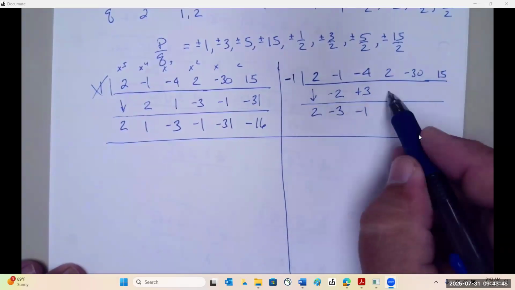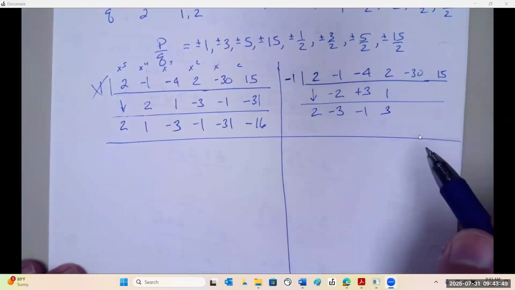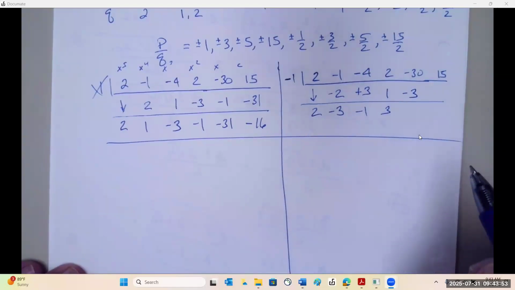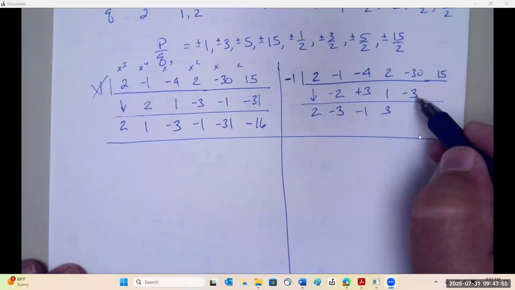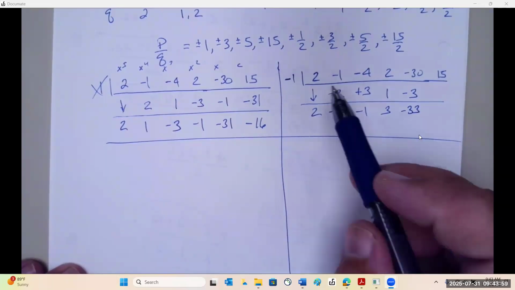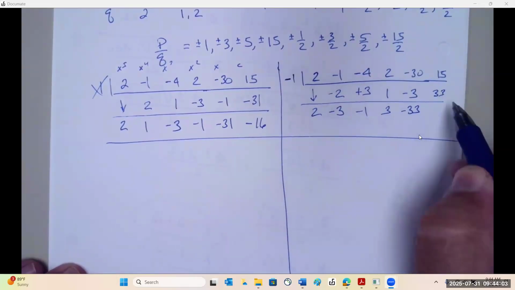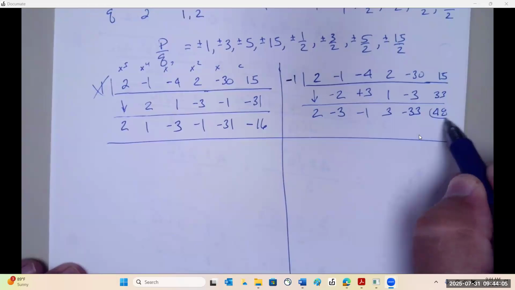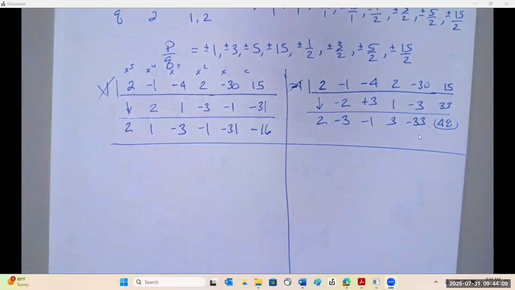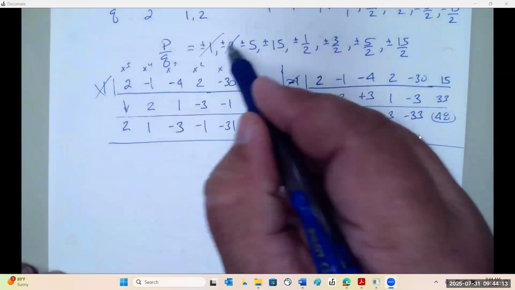Negative 1 times negative 1 is 1. 2 plus 1 is 3. Negative 1 times 3 is negative 3. Negative 30 minus 3 is negative 33. Negative 1 times negative 33 is positive 33. The answer is 48, which means it's not a right answer. So these are not going to work.